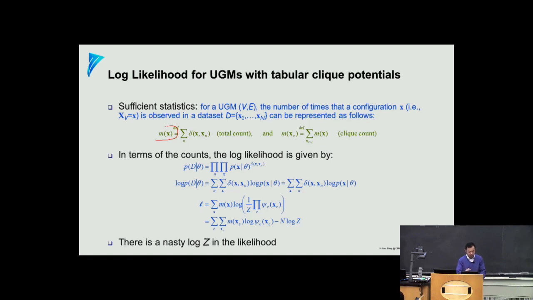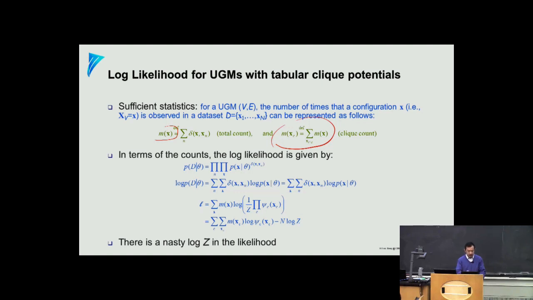The total counts are the number of times a particular configuration appeared in your data set, and the clique counts are the number of times a particular configuration within the clique appeared in the data set. By definition, they can be obtained by marginalizing over the total counts.